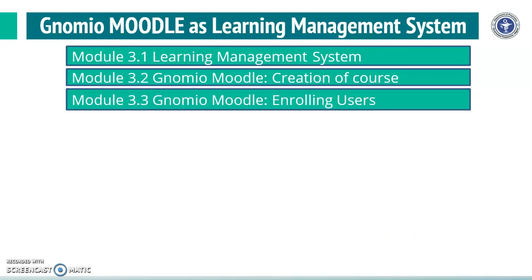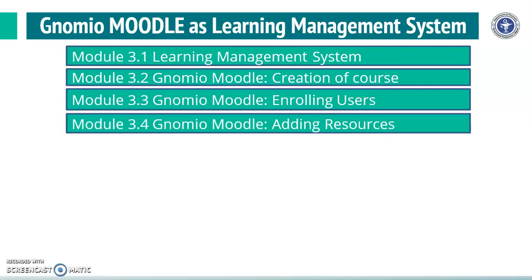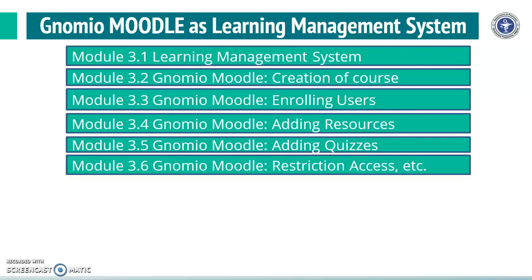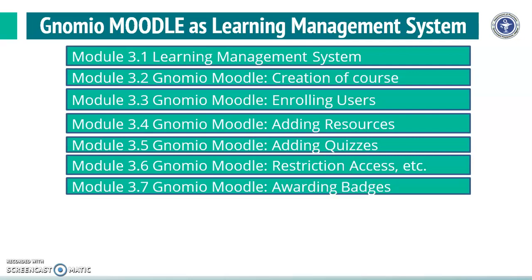Then in module 3.3, how to enroll the users. 3.4, how to add the resources to Genomio Moodle LMS. Then module 3.5 was on adding quizzes. 3.6 on how to create the restriction access and course completion progress bar. Module 3.7 was on awarding badges.